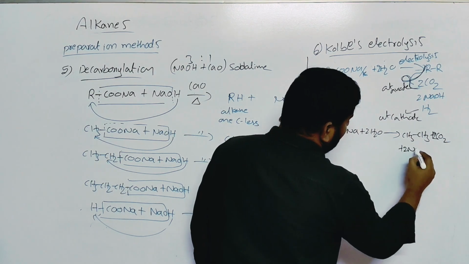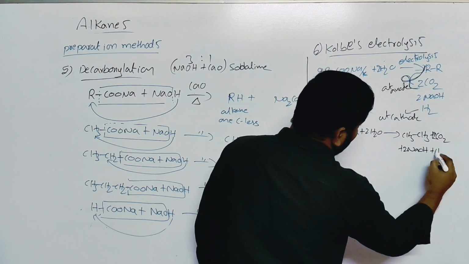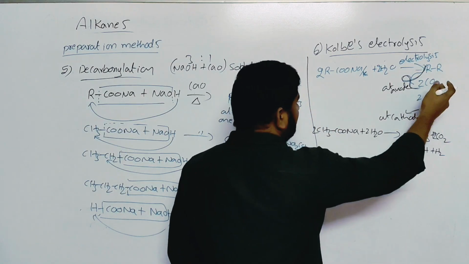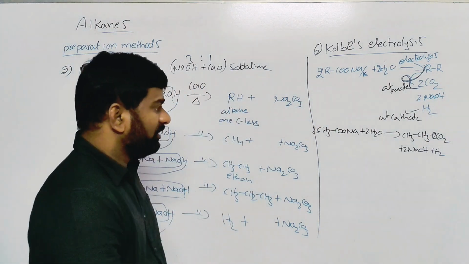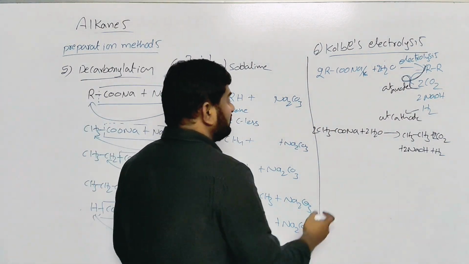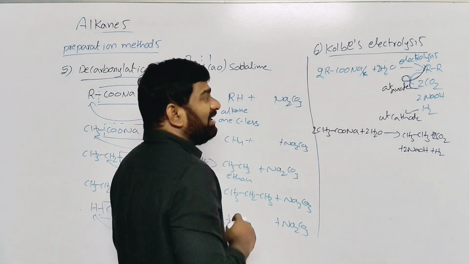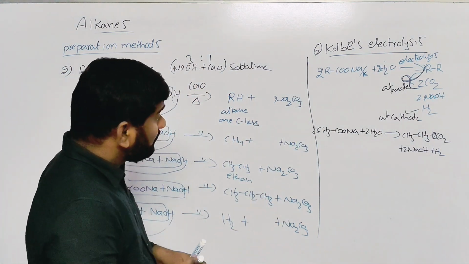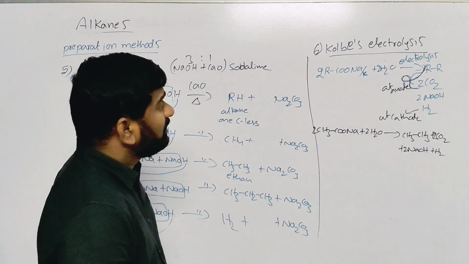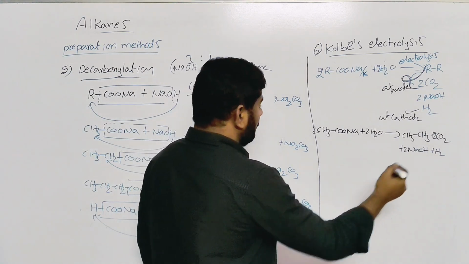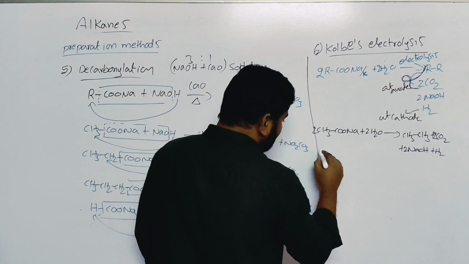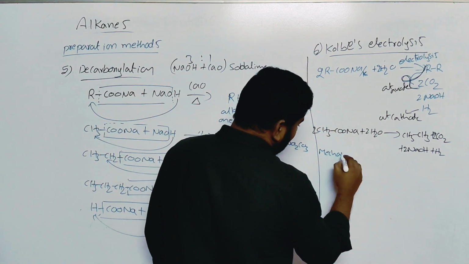Later NaOH plus H2 will come. Here CO2, NaOH, H2, these are common products, so the alkane is the different one. If you take a 2 carbon containing acidic salt, 2 carbon containing alkane will come. Here what is the mechanism? How is this reaction happening? This is important here.